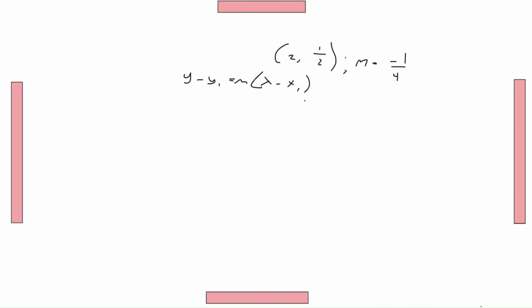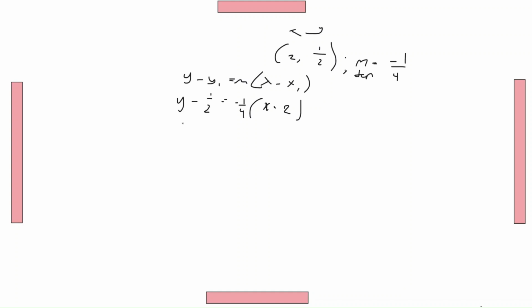So the x1 is what we put the values in for, and the y and the x are going to remain the same. So do we have the x? The x we do. We have the y. We have the m. Remember, this is the m of the tangent line. So we can now plug things in. So y minus our y point is 1/2 equals our slope, which is -1/4, and our x point was going to be the same as before, so minus 2.